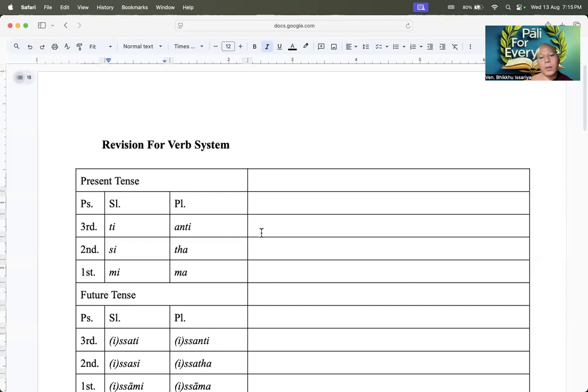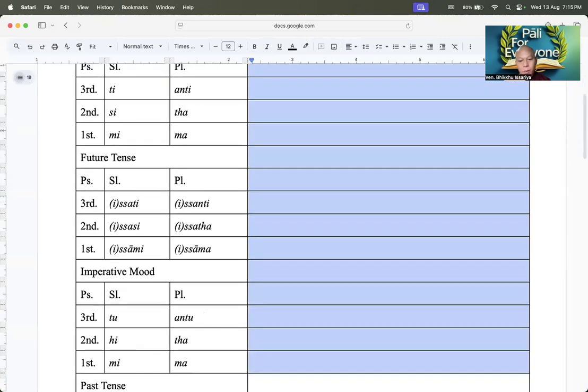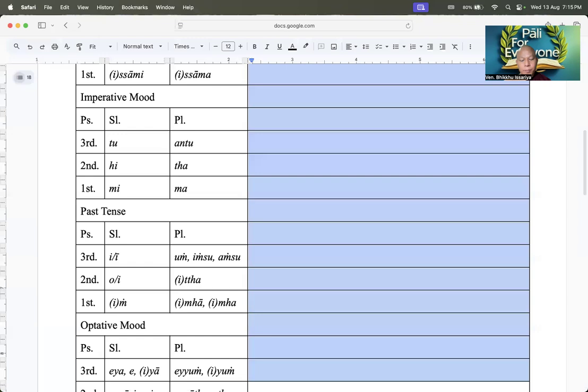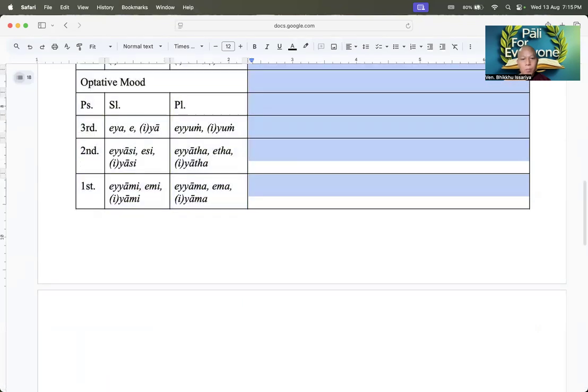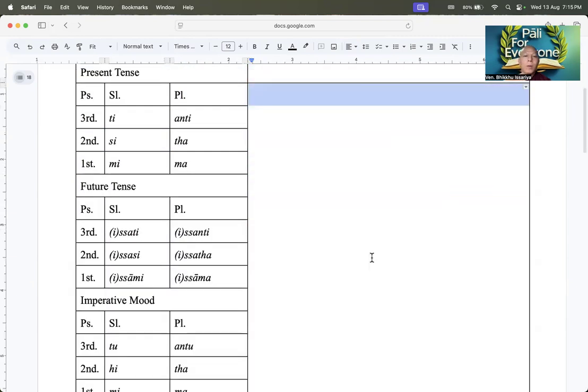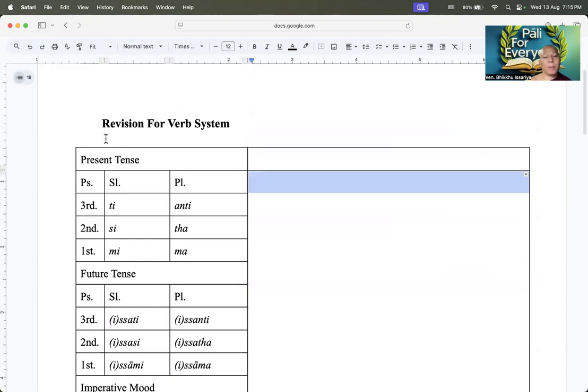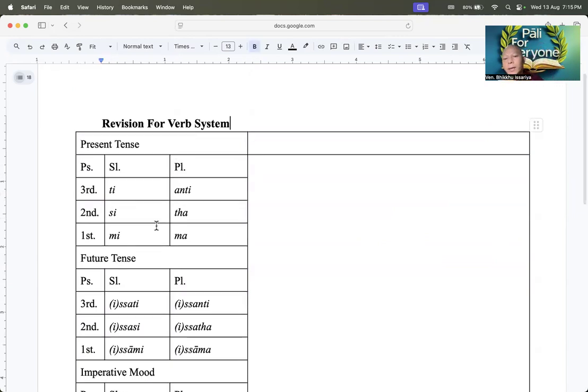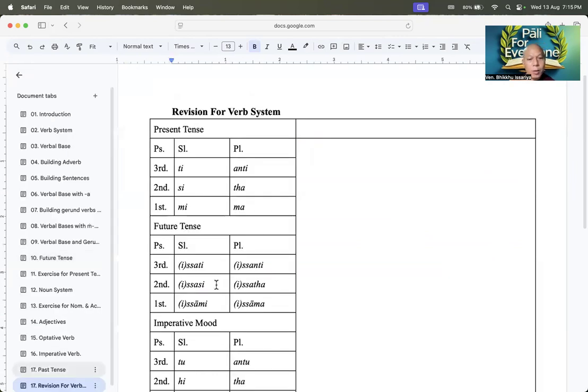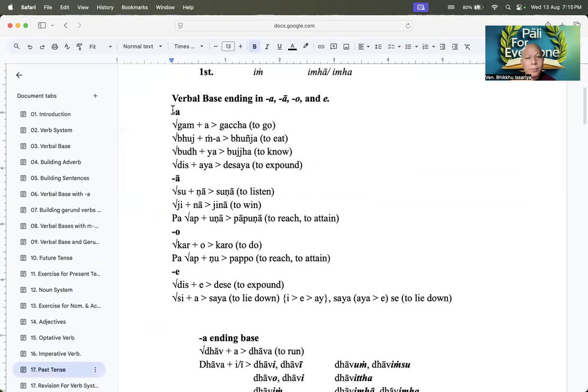So now all of these verb terminations: whenever we get one root or one base, we should understand and practice with all of these. For example, here are four types of bases.